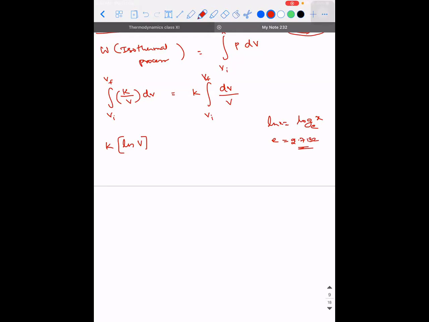Okay. Don't ask me what these things are because you're going to learn it only next year. Sir, can I say it again, sir? Which one? The previous step, sir. Integral of dV by V is ln V. Okay. So the meaning of ln x is nothing but log x base e. Log stands for logarithm.